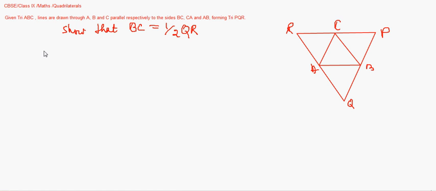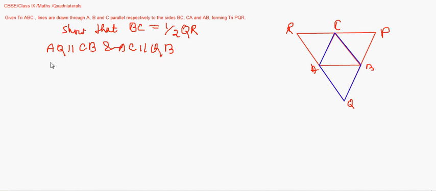So AQ is parallel to CB and AC is also drawn parallel to QB, thereby making opposite sides parallel, which makes AQBC a parallelogram, right?